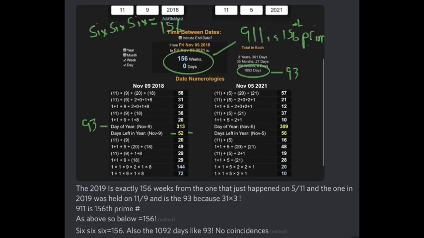Now, the 156 prime number is 911. We've talked about that in satanic gematria. Ritual human sacrifice is 911. And I expect you guys to remember that, because with the travesties that happened on 911, it's pretty easy to remember. In satanic gematria, 911 equals ritual human sacrifice.